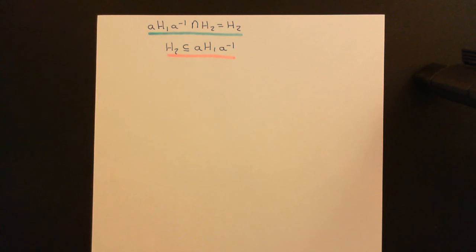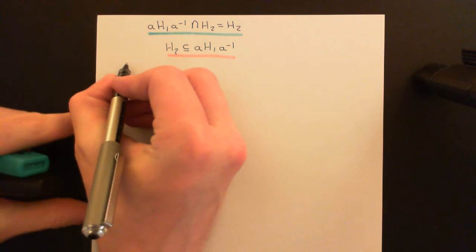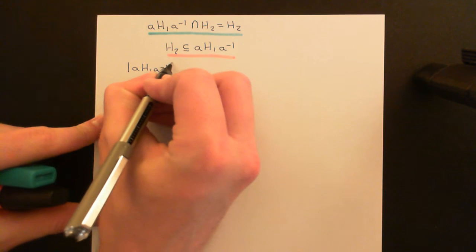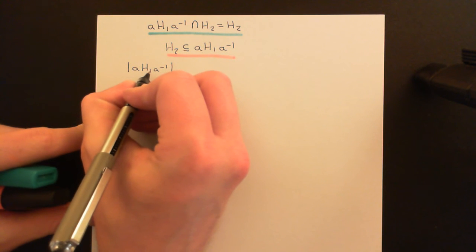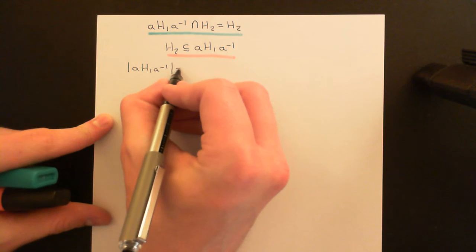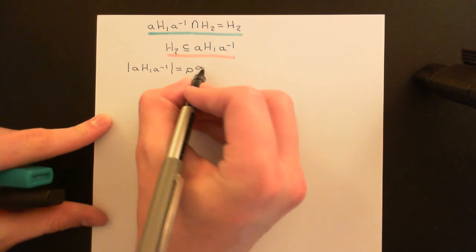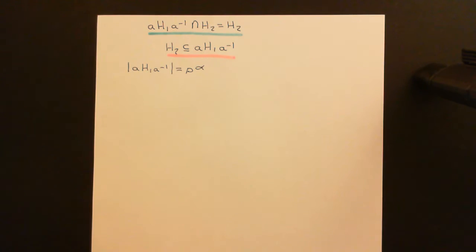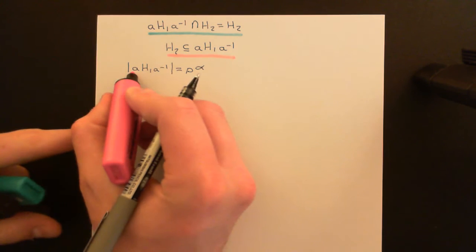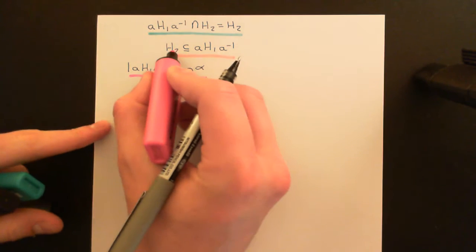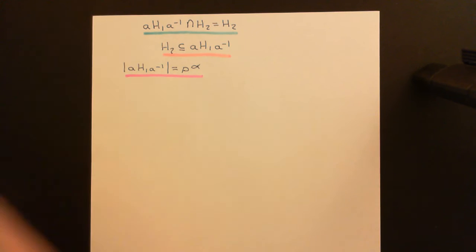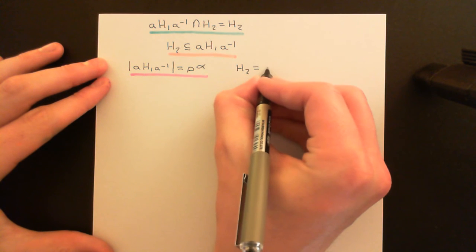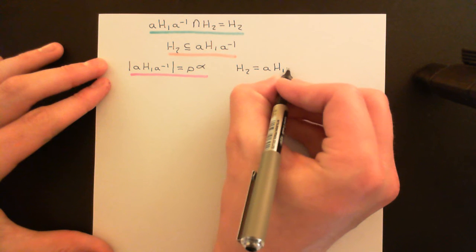On the other hand, what do I know about the order of AH1A inverse? Well, it's going to be the same as the order of this first Sylow P subgroup, which is P to the power of alpha, i.e., this thing has the same order as H2. So that tells me that, in fact, this thing must equal H2. So what I can now write down is that H2 must, in fact, equal AH1A inverse.